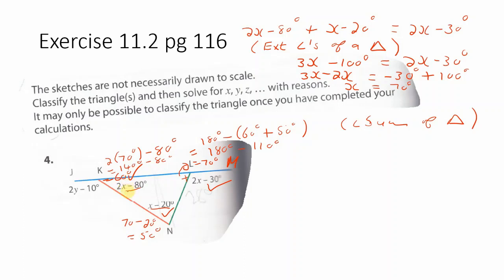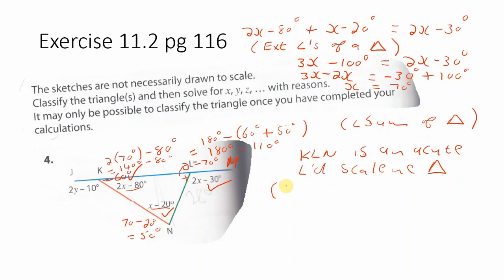So now we can classify the triangle. We see that all the interior angles are different sizes, therefore it has to be a scalene triangle. We also see all the angles are smaller than 90 degrees, so therefore KLN is an acute angled scalene triangle.